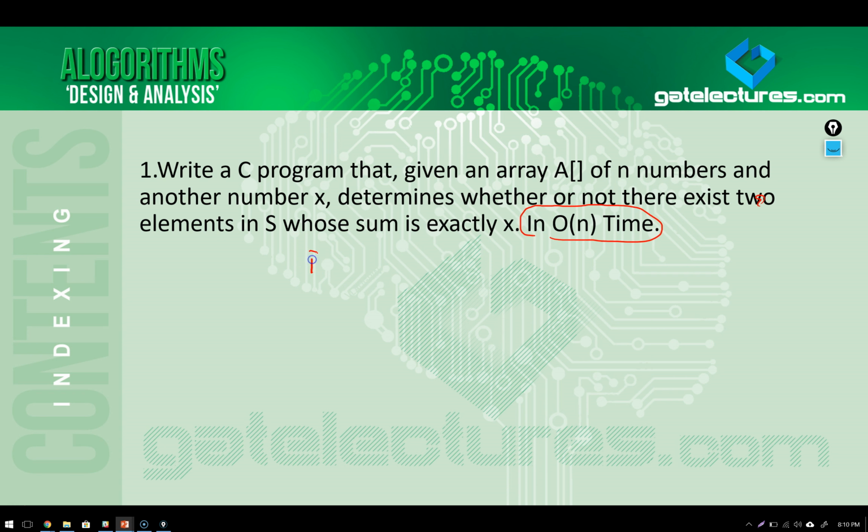We found the first algorithm, which solves this in order of n square time. The second algorithm solves this in order of n log n time, but we needed a solution which solves this problem in order of n time. So the question is, does there exist a solution which can solve this problem in order of n time?